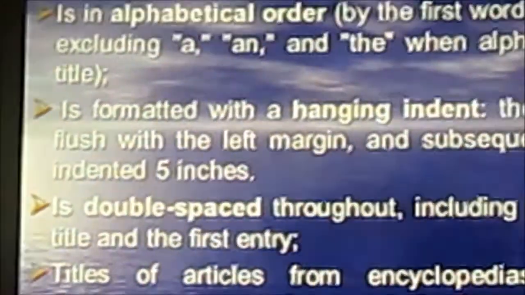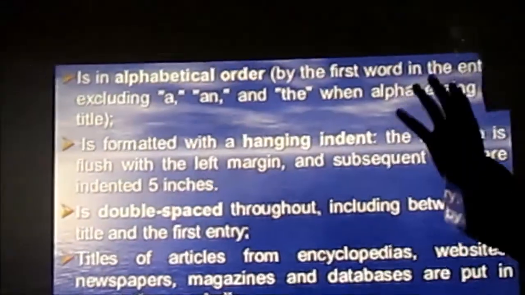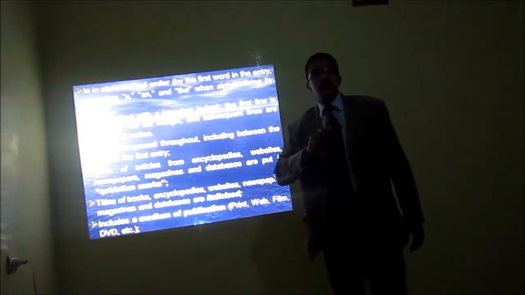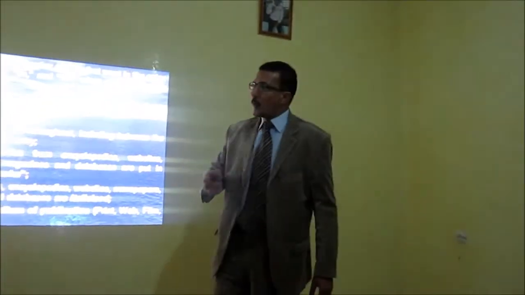When writing the bibliography, we have to take into account that all the materials and all the sources must be arranged alphabetically. A precedes B, B precedes C, C precedes D, and so on.